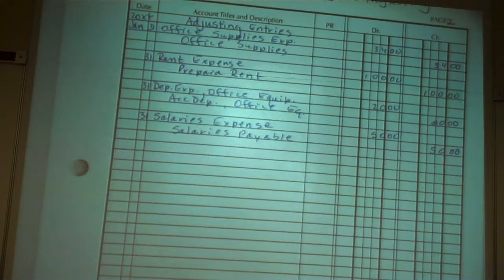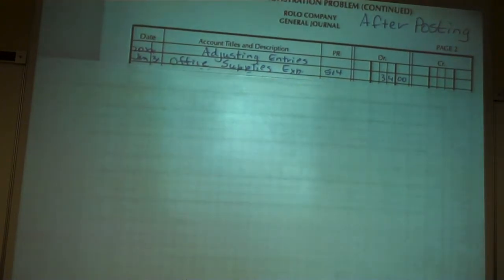The last step is going to bring the account number for office supplies expense, which is 514, back over to the journal. So yours is going to have the 514 right there.